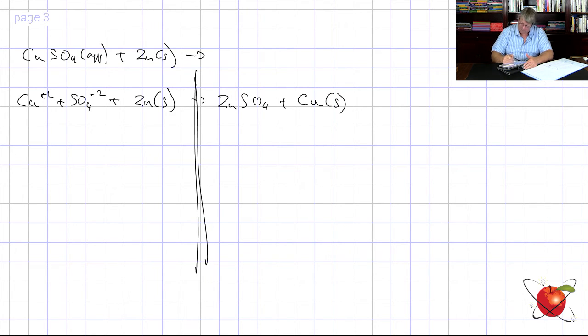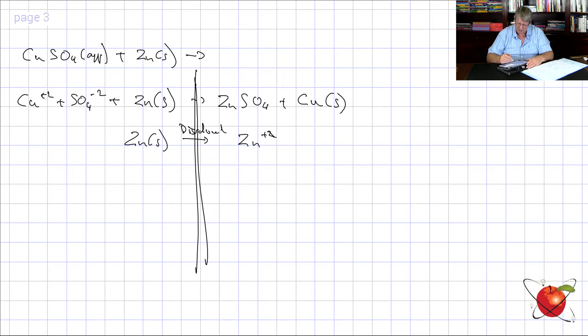Let's have a look at what happened across this boundary. The zinc was a solid. It dissolved. It went into solution as Zn plus 2.